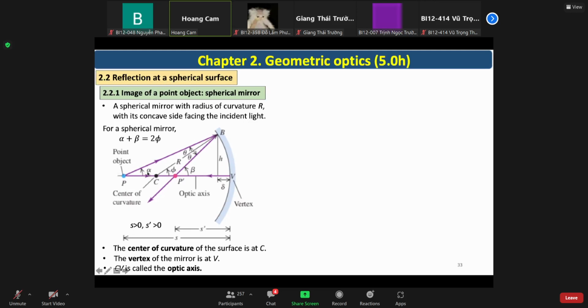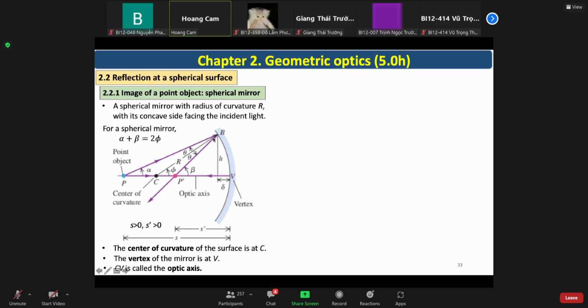For the second one, because the special points of the mirror are only C and V, we will use another arbitrary ray. The incident ray from P will strike the spherical surface at point B. We form the normal by connecting B and the center of curvature C. So BC is the normal, and the angle of incidence is theta, created by the normal and the incident ray.